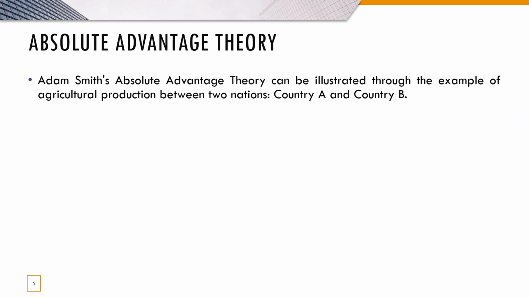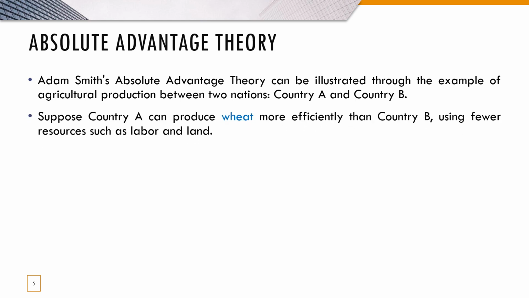Adam Smith's absolute advantage theory can be best illustrated through the example of agricultural production between two nations. For example, country A and country B. Suppose country A can produce wheat more efficiently than country B, using fewer resources such as labor and land.